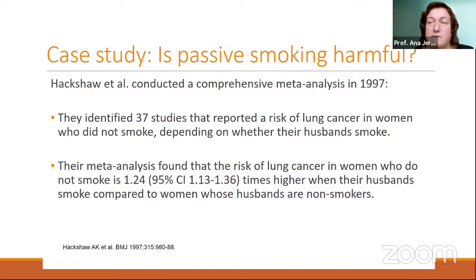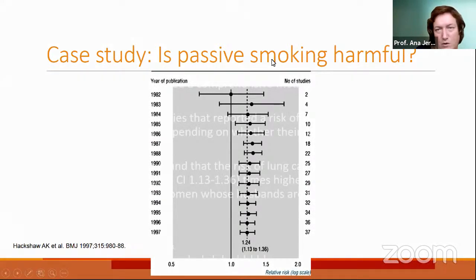And the meta-analysis found that the risk of lung cancer in women who do not smoke but are exposed to passive smoking is 24% higher than in women whose husbands do not smoke, and the 95% confidence interval shows that this risk is from 13 to 36%. So here we see how in time, by accumulating the number of studies, the summary result of the meta-analysis is more and more precise, and it's giving us definite answers.